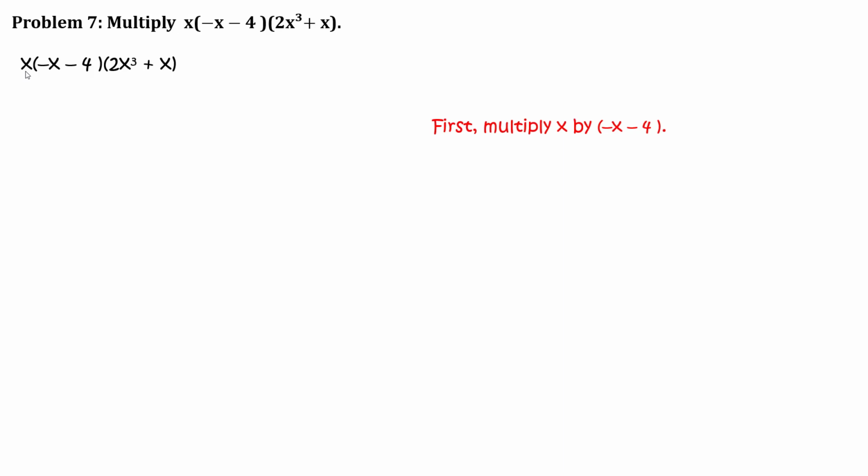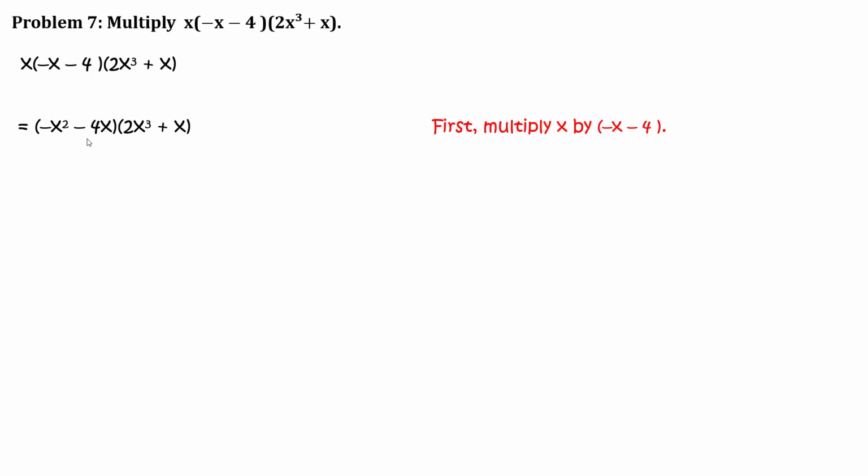Then I'm going to multiply x by negative x minus 4. So I'm going to distribute x to negative x minus 4. This will give me negative x squared minus 4x. I just distributed x to two terms inside the first set of parentheses. Now notice I put parentheses around the result that I got.